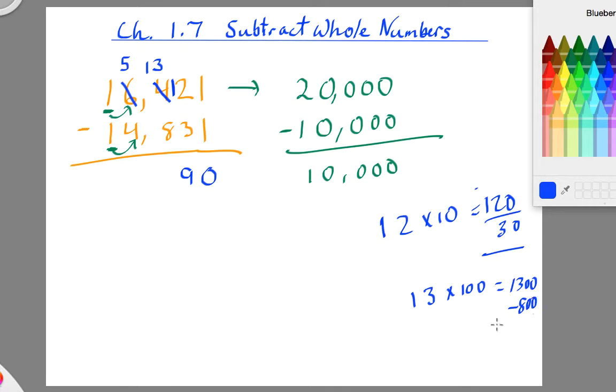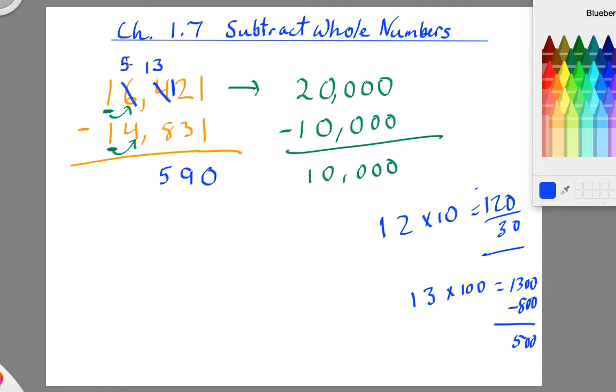Now you don't have to do this every time, but it just shows you what we're doing when we're borrowing, and hopefully it's starting to sink in. So 13 take away 8 is the same as 1,300 take away 800, basically, and it's 5. See, this 5 is in the hundreds place, so it's really 500, and this would be 500 as well.